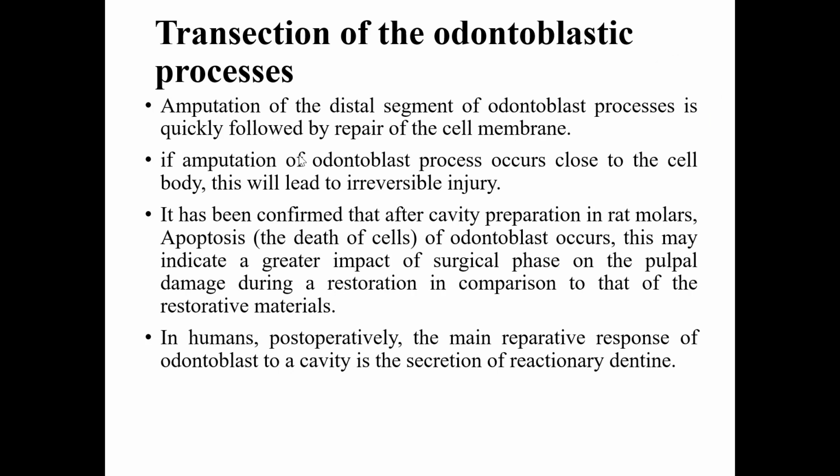عندنا الإفكت الآخر اللي يحدث أثناء الكاتنج بروسيجر، عندنا transection of odontoblastic process، بمعنى الكاتنج of odontoblastic process. تعرفون أن الدنتين مكون من dentinal tubules اللي هي تحتوي على الdentinal process of the odontoblast cells. فamputation of distal segment of odontoblast process is quickly followed by repair of the cell membrane. هاي بالحالات العادية.